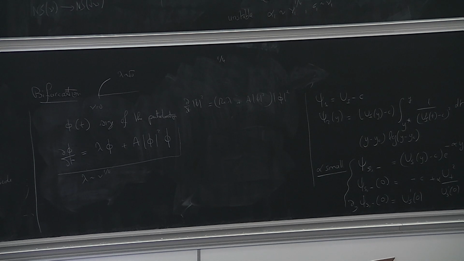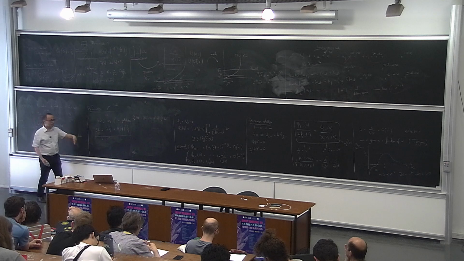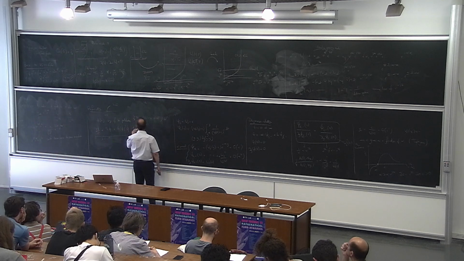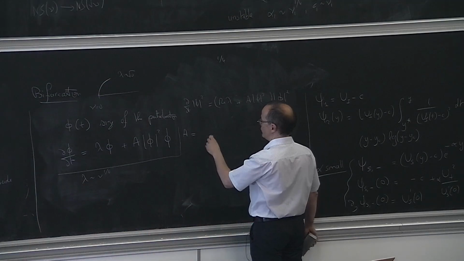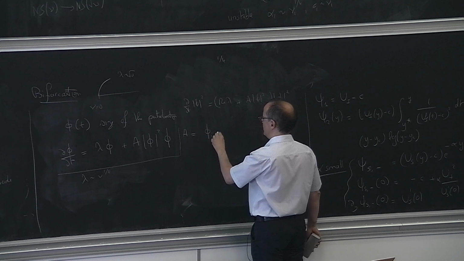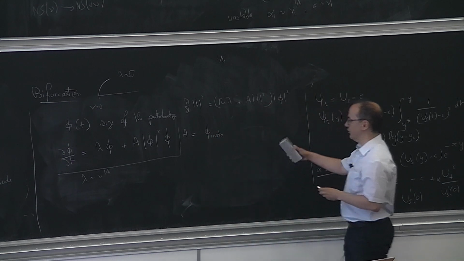So what is A? It is the projection on the unstable mode of the cubic interaction. Let us call the unstable mode phi star.